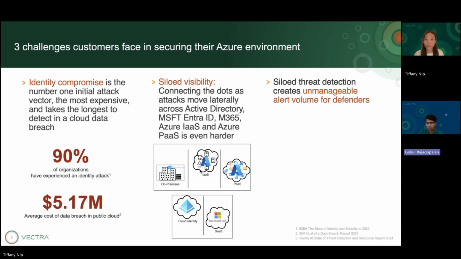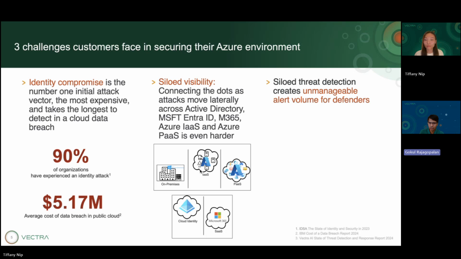They have cloud and platform services in Azure, and of course the Microsoft 365 productivity suite, all these with that one thread of identity running through them. But then all of the security tools out there today look at each of these in isolation. And when you look at attack behaviors in just one of these areas, it seems rather innocuous.